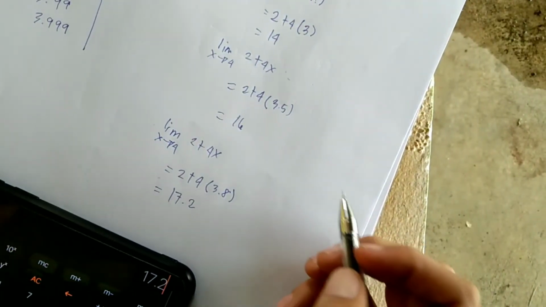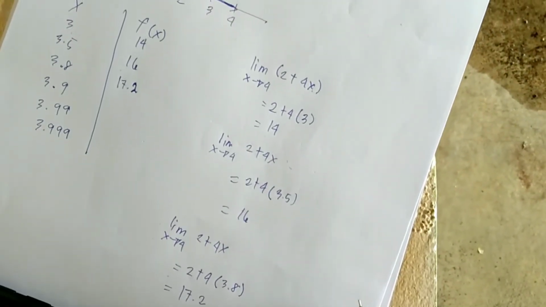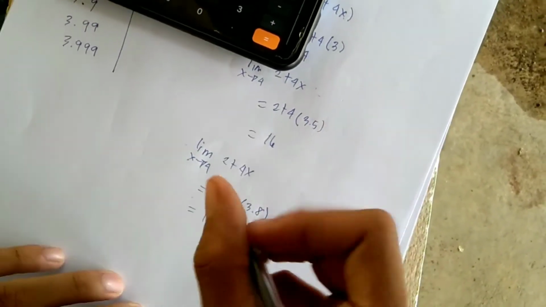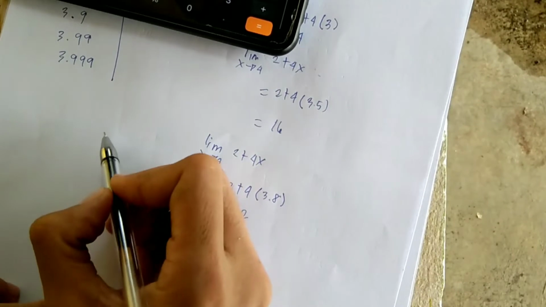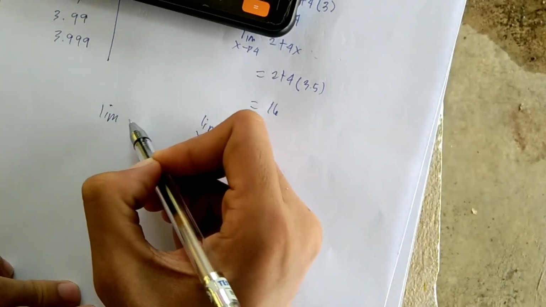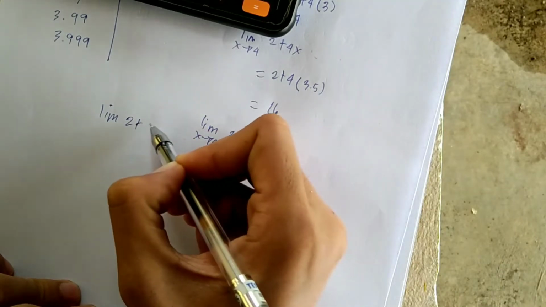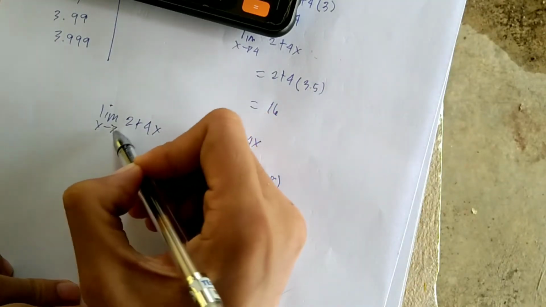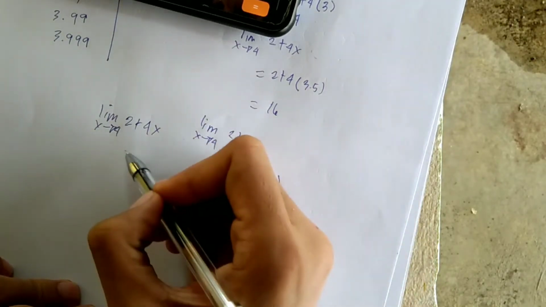So next is 3.9. Limit of 2 plus 4x as x approaches 4.